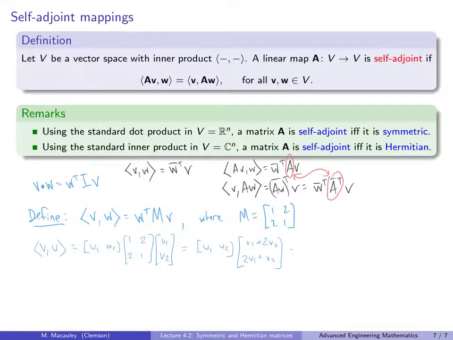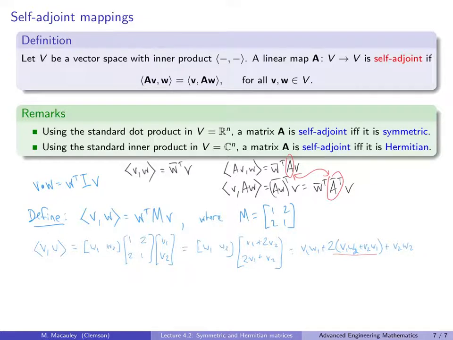And this is V1 W1 plus 2 V2 W1 plus 2 V1 W2 plus V2 W2. Okay, so this is a cute way to define a dot product or an inner product. The standard inner product is just this entry and that entry, but now we have this special little thing in the middle.